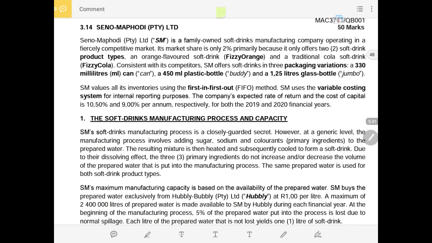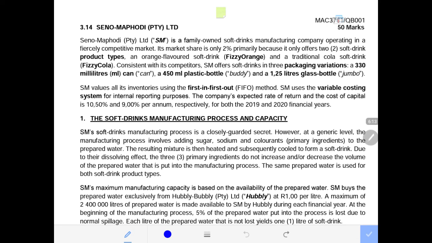SENO MAPHODI PTY LTD is a family-owned soft drink manufacturing company operated in a fiercely competitive market. Its market share is only 2%, primarily because it only offers 2 soft drink product types: an orange flavor soft drink called Fizzy Orange, and the traditional cola soft drink, which is called Fizzy Cola.